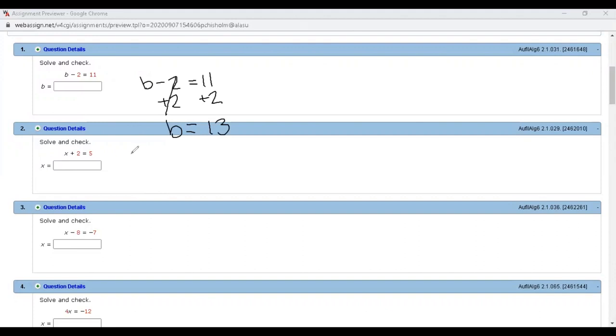If we look at number 2, we have x plus 2 equals 5. We subtract 2 on both sides. We get x equals 3. Okay, let's look at number 4.